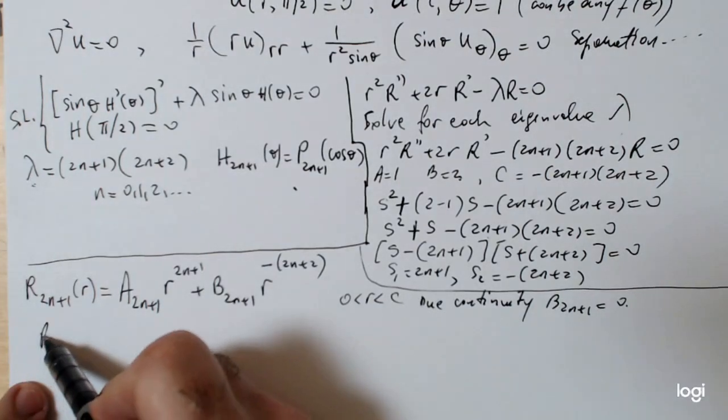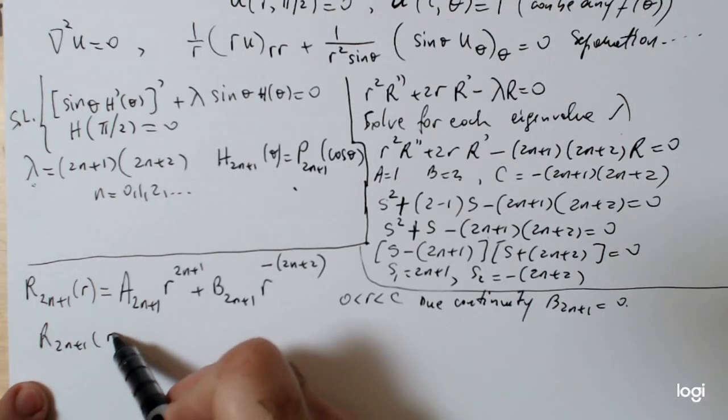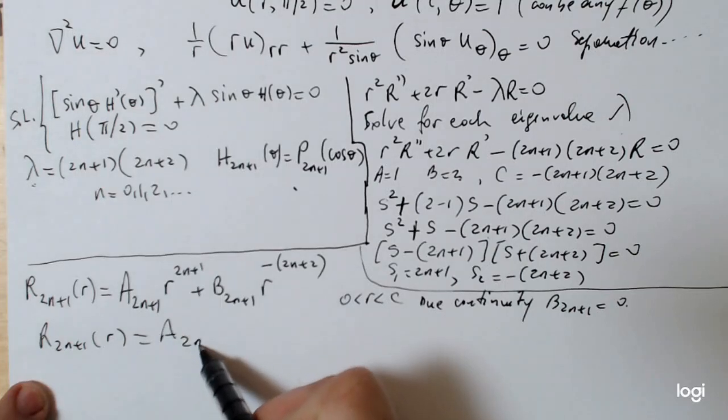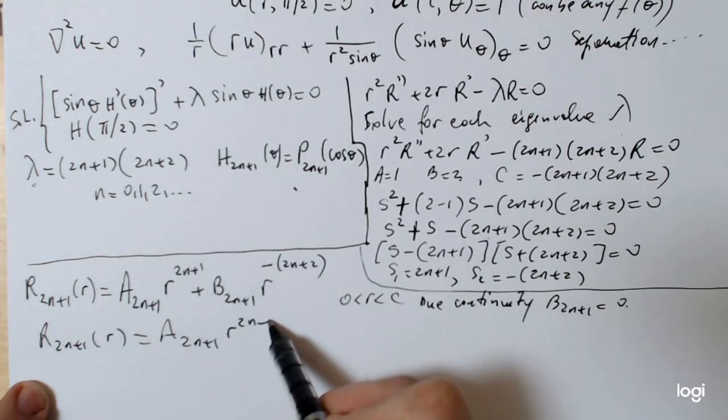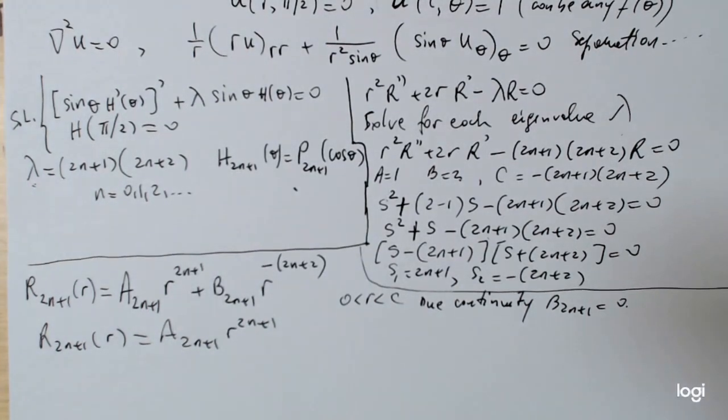And with that being said, you're left with a sub 2n plus 1 r to the power 2n plus 1, right before imposing what we call the superposition principle.